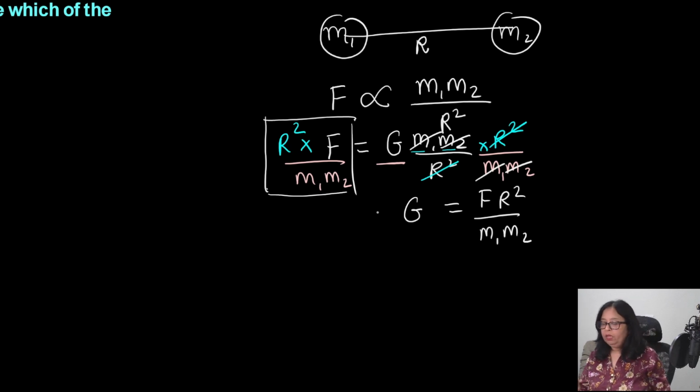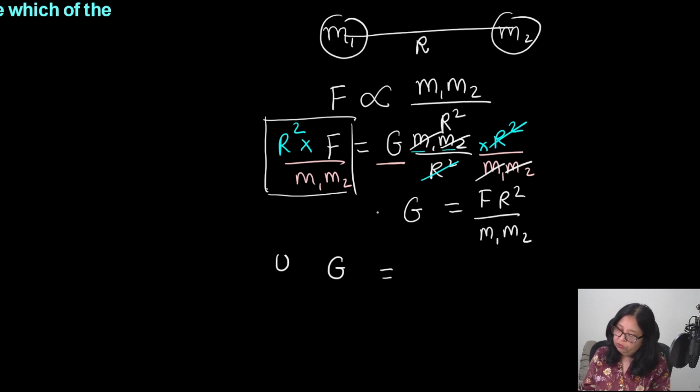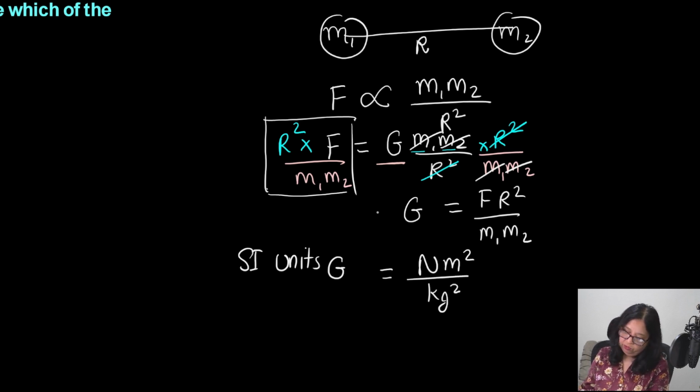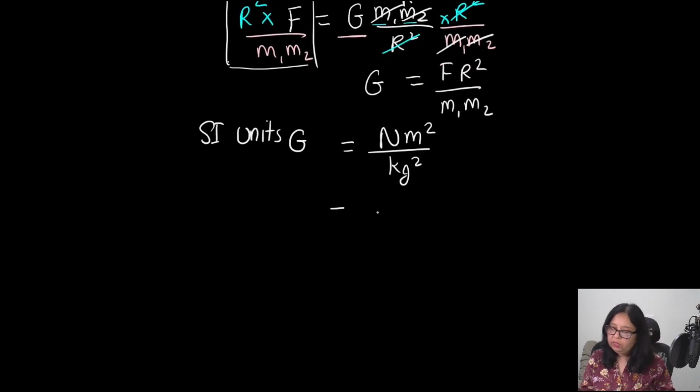and time. Now we know that force is in newtons. Okay, let's write down the units of G in SI units. Newtons times meter squared over kilograms squared. So what is a newton equal to? A newton is kilograms times meters per second squared.